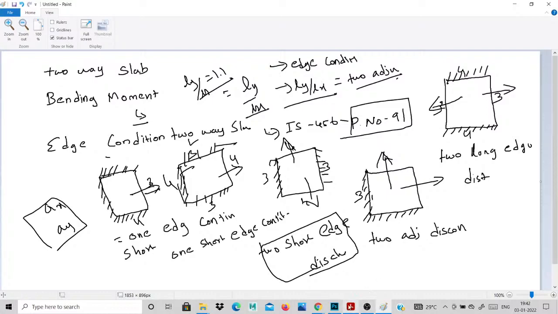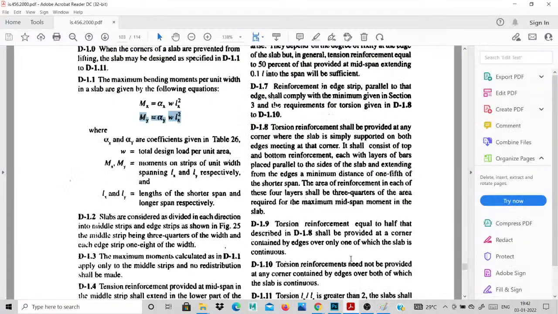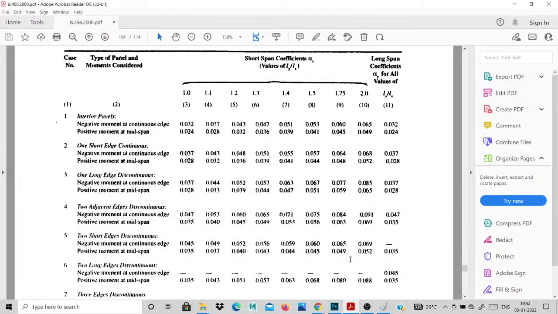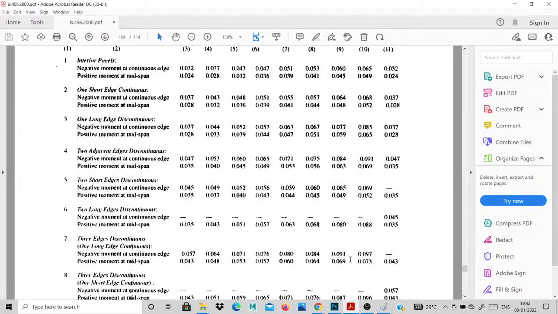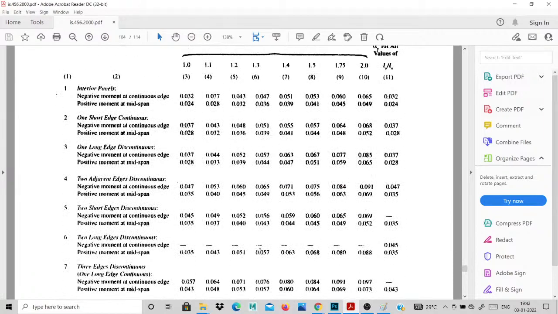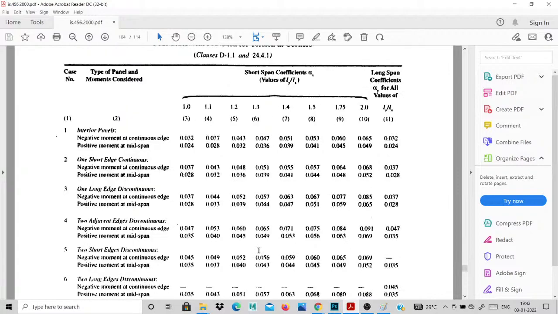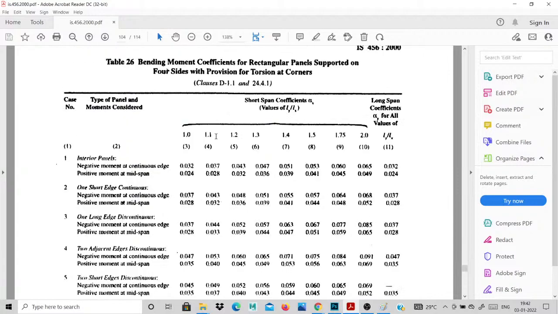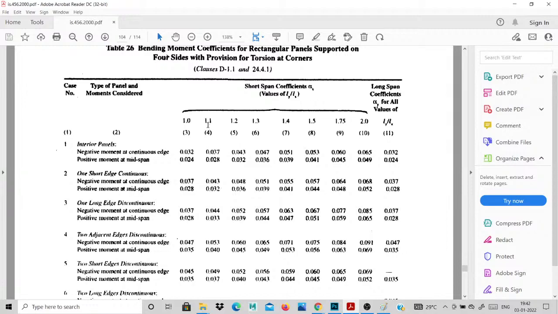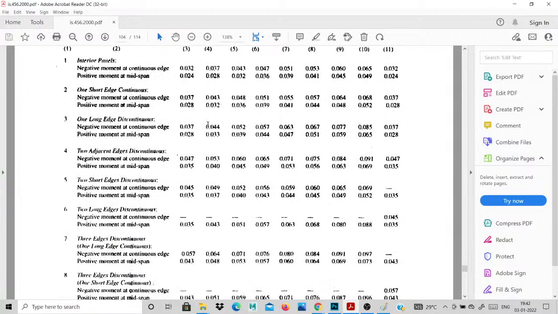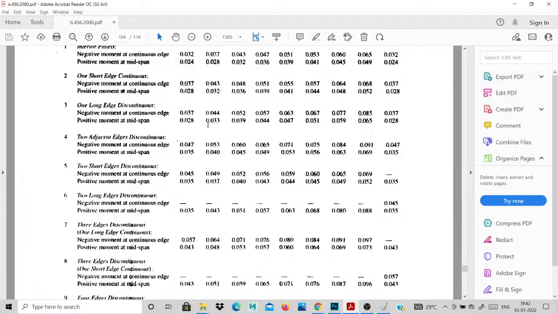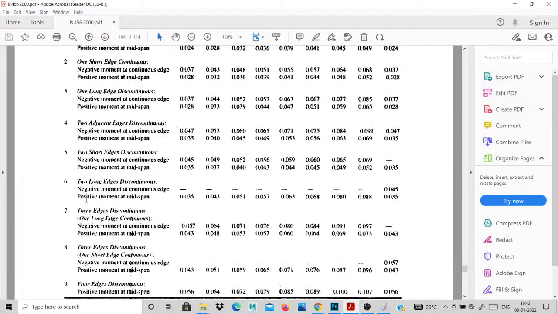I simply go to page number 91. How do you calculate the span moments? First of all you calculate Ly by Lx. This is the main thing. My Ly by Lx is 1.1. Then you go to edge conditions. My edge condition is two adjacent sides discontinuous.